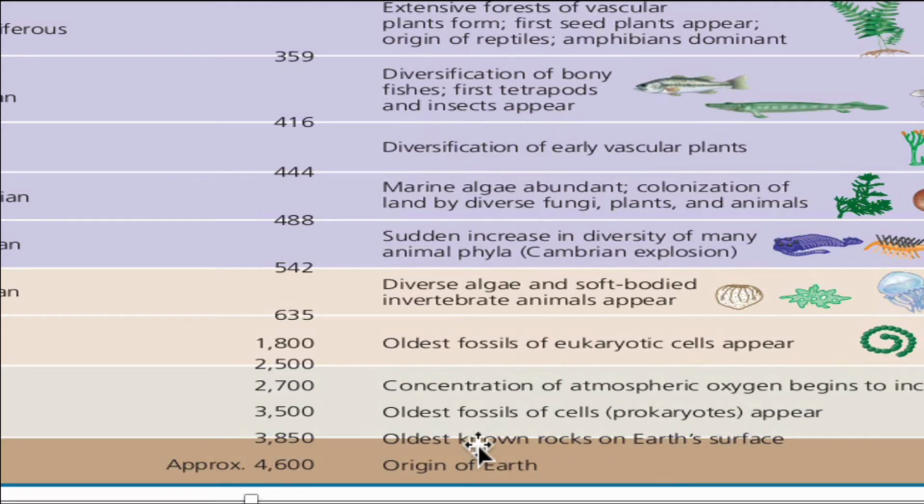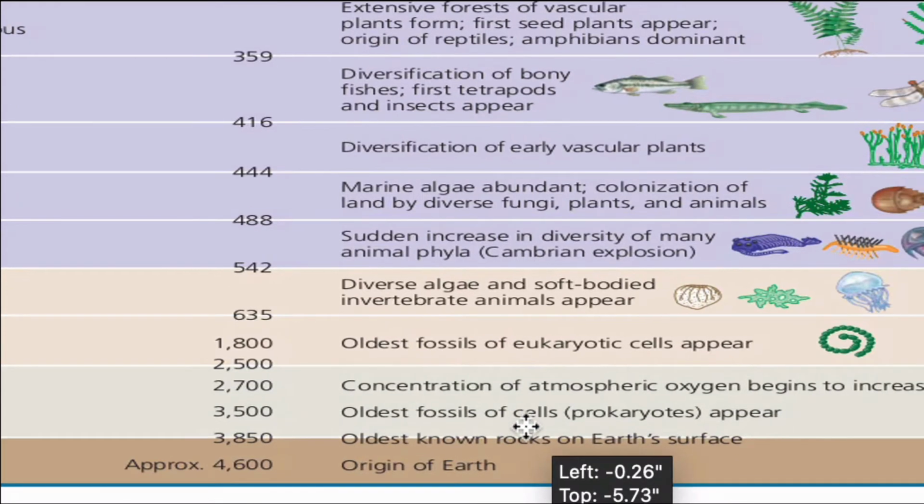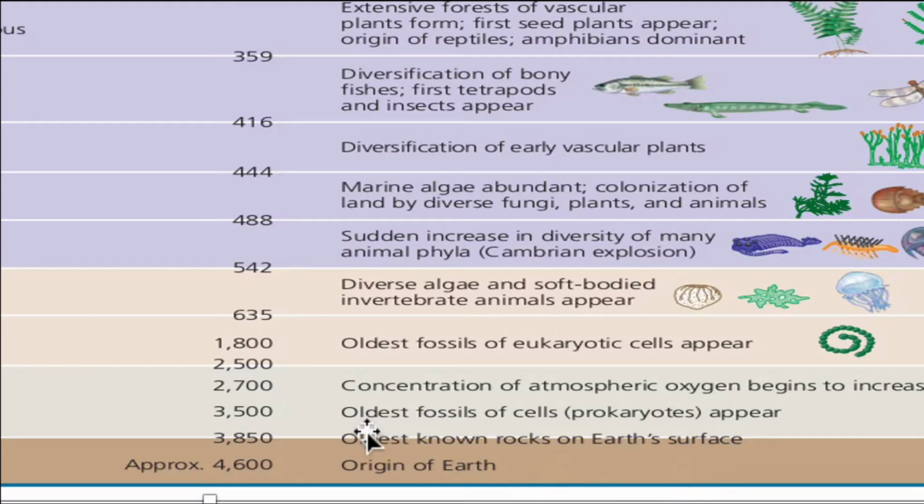Next, as time progresses, you go nearly another 800 million years, and we see the concentration of oxygen start to increase on planet Earth. Then about 1.8 billion years ago, we have the first modern cells, the cells that we as humans are made up of, come into existence.